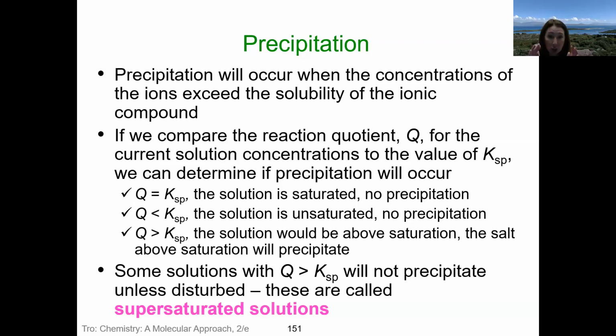And so if Q is the same as K, that means we are at equilibrium. If Q is less than K, that means it's going to go forward towards our products. Remember that? If Q is greater than K, we're going backwards towards our reactants. Now let's just think of, I'm just going to do PbCl because we've been using that one.